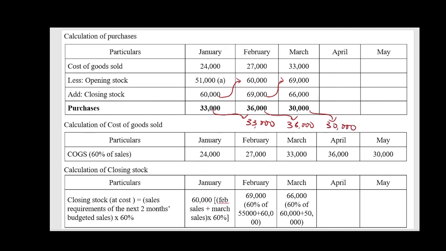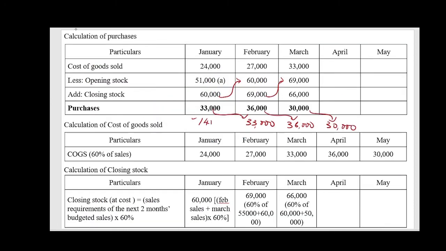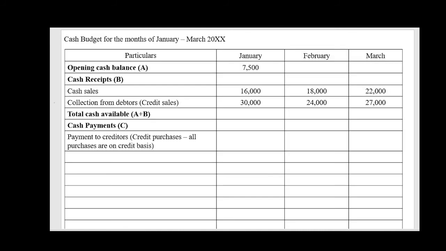So we need to find out the January month. So let us find out whether there is any information pertaining to the month of January. So what is given? Debtors and creditors balances at the beginning of the year are 30,000 and 14,000 respectively. We have 14,000 as payment to creditors for the month of January. Quickly we'll put these figures in the payments column.